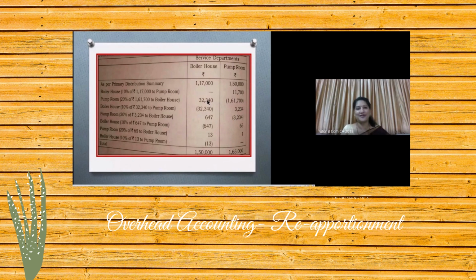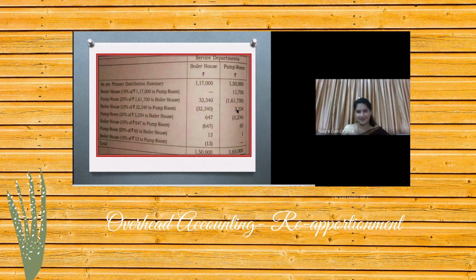Again, we are going to repeat the same step. We know that 10% of the boiler house expense will be shared with pump room. So we nullify this by putting 32,340 in brackets. 10% of 32,340 gives us 3,234 shared with pump room.